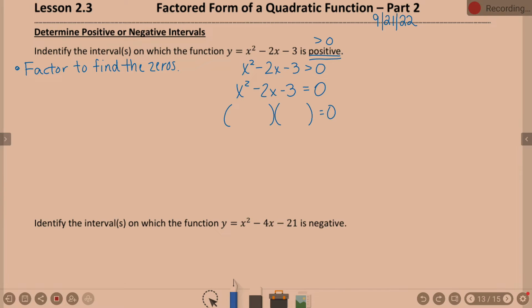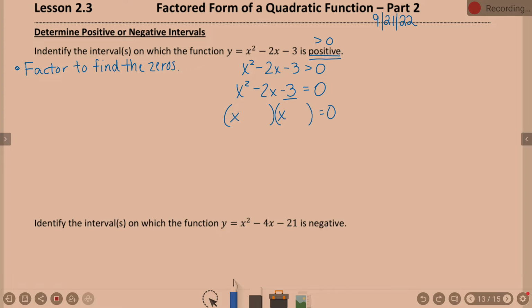We know x squared breaks into x times x. My two numbers that we use are going to multiply to be -3.